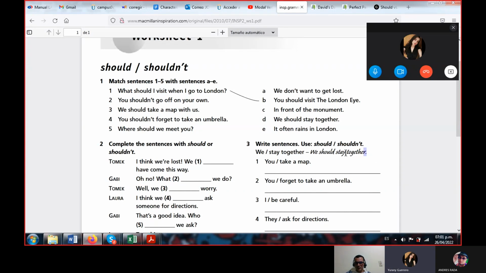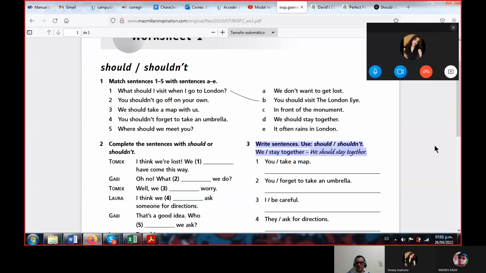You should take a map. Yeah, excellent. And the second: You shouldn't forget to take an umbrella.